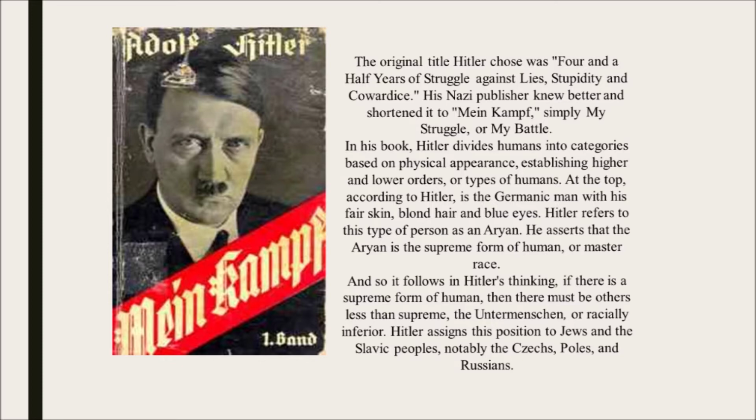then there's got to be inferiors. And this he calls the Untermenschen, okay? Basically, they're underman, they're lower than man. In his case, he's saying they're racially inferior. Now, again, Jews get the most notice because of the Holocaust.